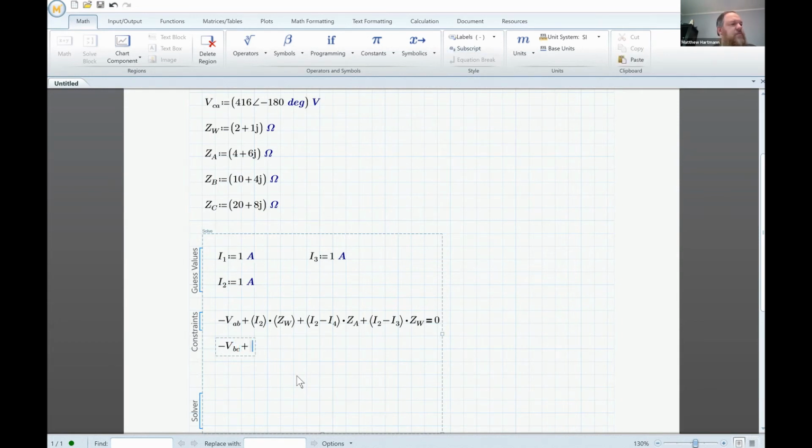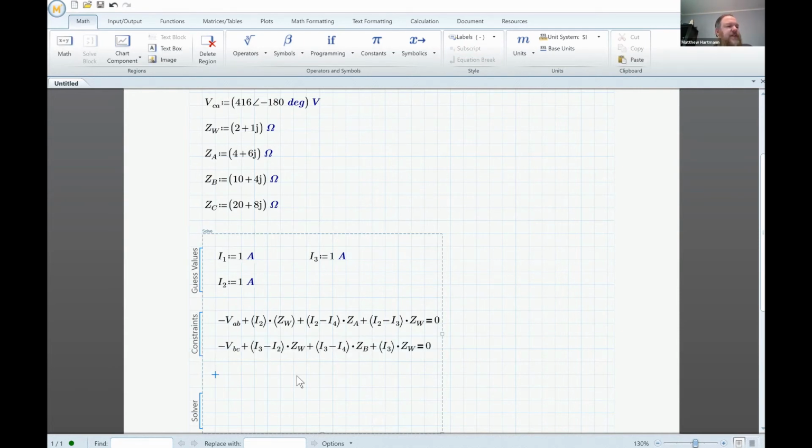Then we had negative VBC plus I3 minus I2 multiplied by ZW plus I3 minus I4 multiplied by ZB plus I3 multiplied by ZW equals 0.